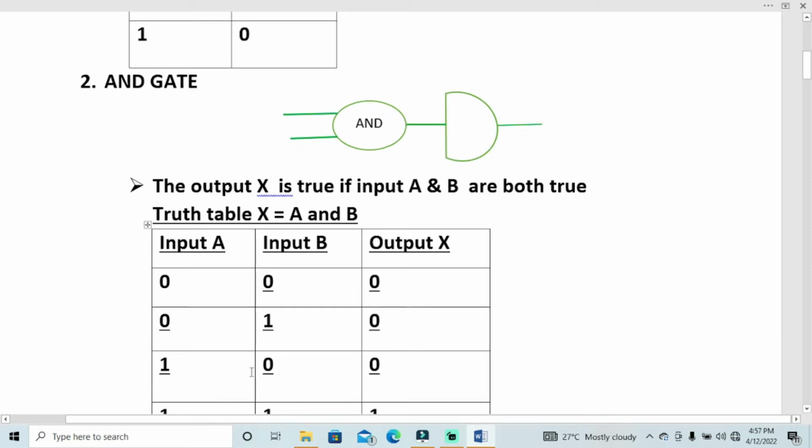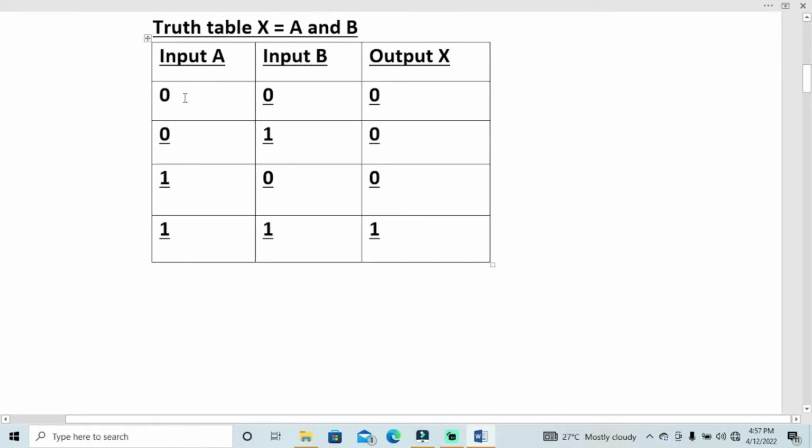Here A is true but B is false, so the output X is false. And for the other, A is 1 and B is true, so A and B are both true, giving an output X as true as well.